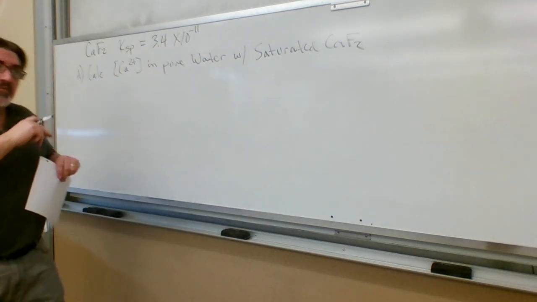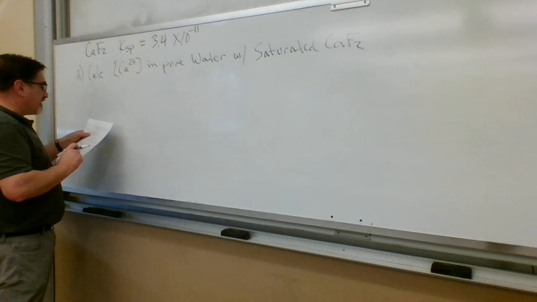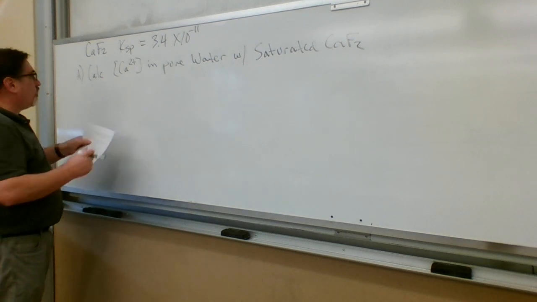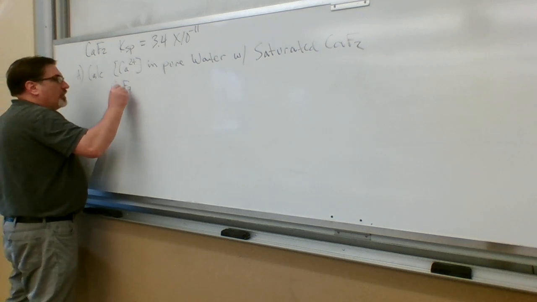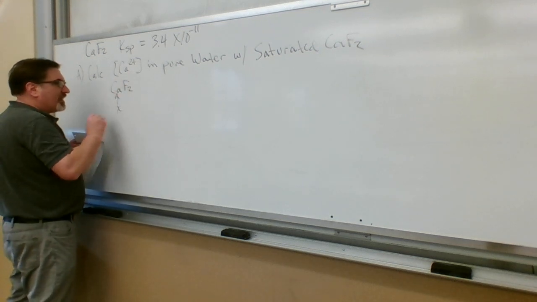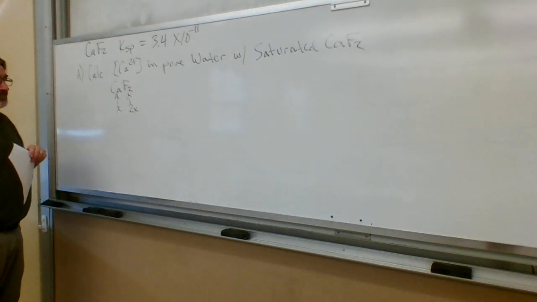And then after this one, we're going to rework the problem in the presence of a common ion. So a concentration of Ca2+ dissolved in pure water. So for CaF2 as our substance, calcium is X, fluoride is 2X from our subscripts, right?